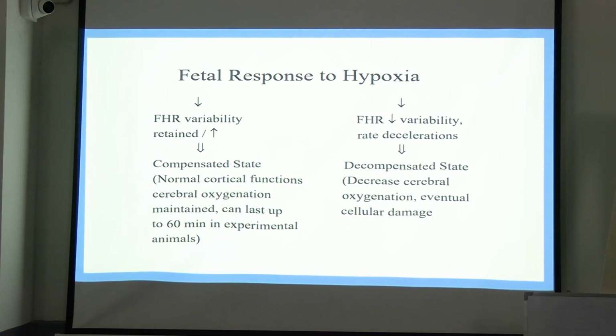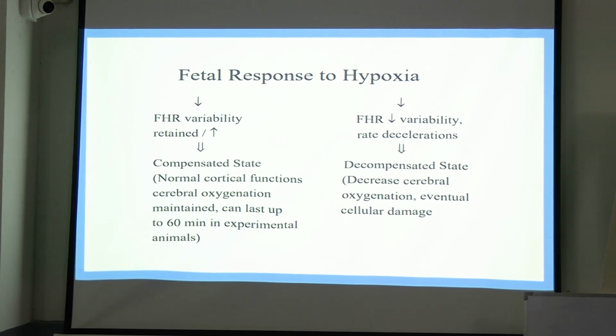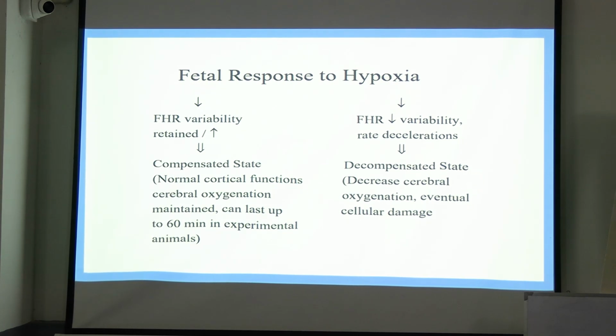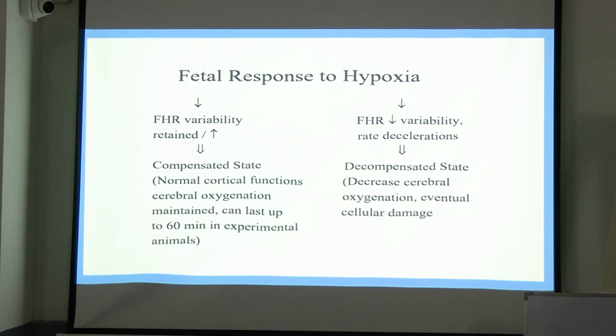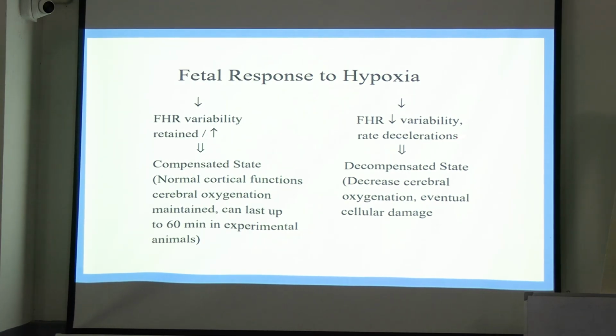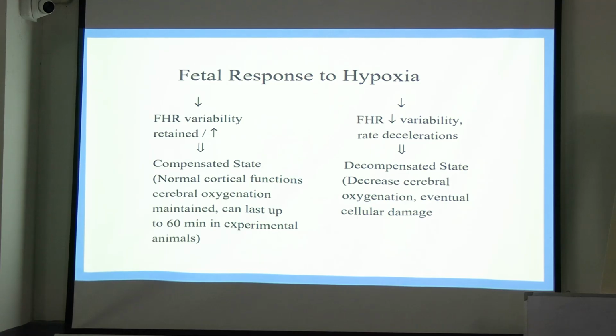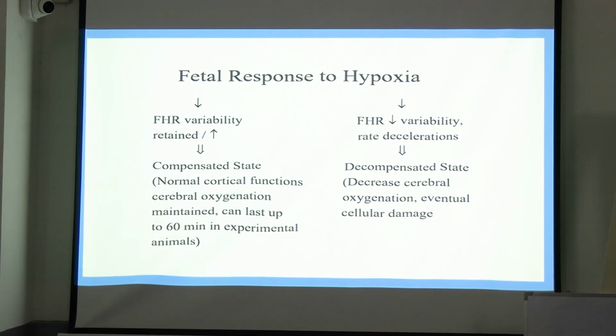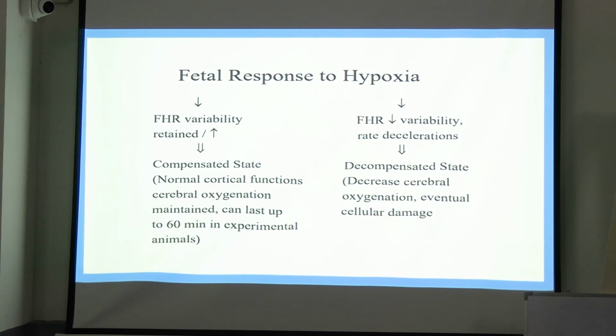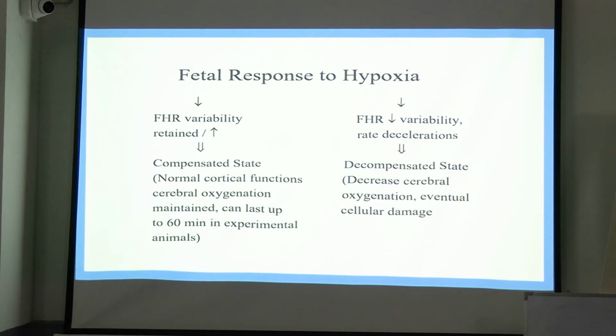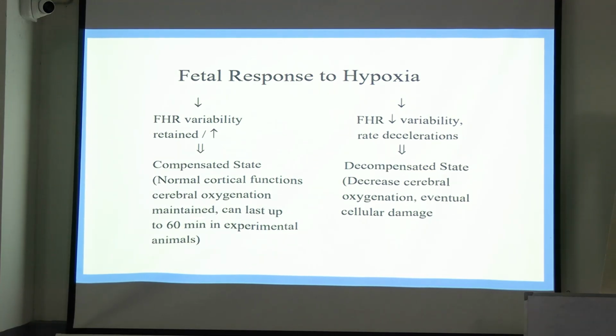Normal cortical function, cerebral oxygenation maintained, can last up to 60 minutes in an experimental animal. But if fetal heart rate variability is decreased and there is late deceleration, this is a decompensated state. There is decreased cerebral oxygenation, the fetal brain is not receiving the oxygen, eventually there will be cellular damage. So this is the late response. Decompensated state occurs very late, and compensated occurs early.